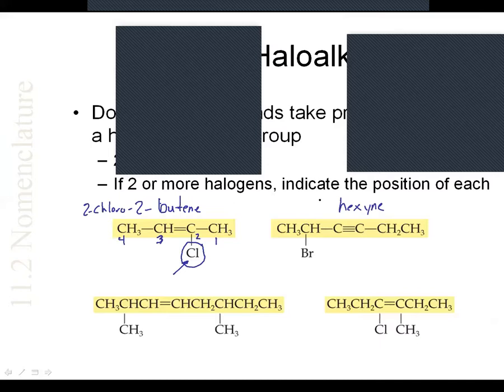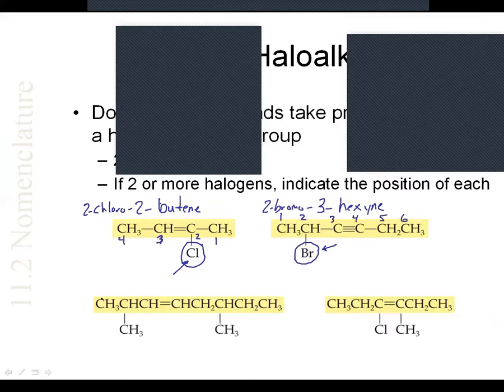Again, for our triple bond, it is a tie no matter which way you go. So we want to default to our bromine, and we would want to go left to right in this case, as it would give us the smaller number, and that would give us 2-bromo 3-hexyne.